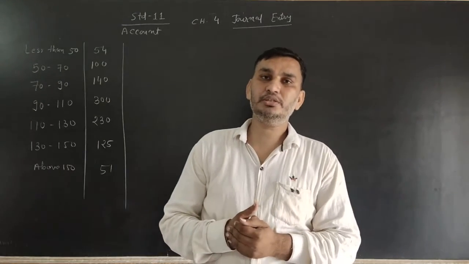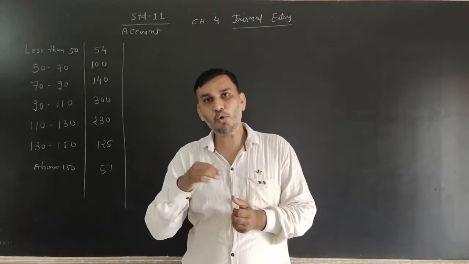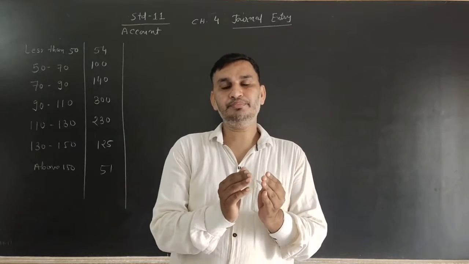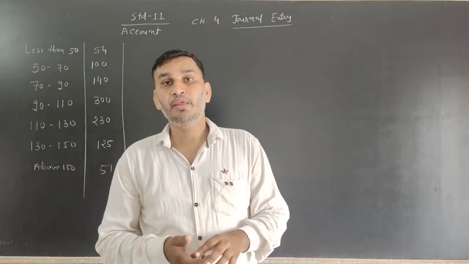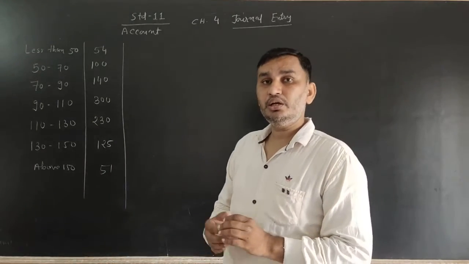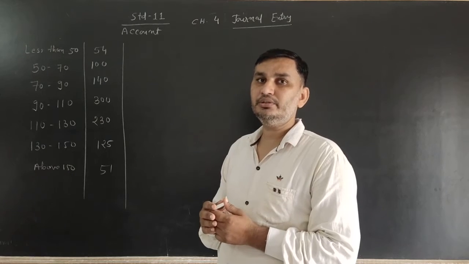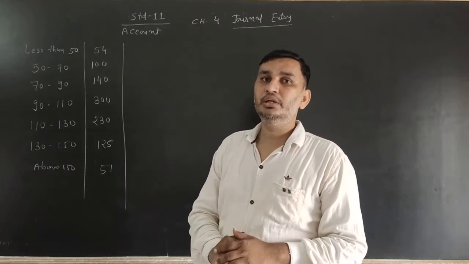Last time we discussed the quartile deviation and coefficient of quartile deviation of ungrouped data and a discrete frequency distribution. Today we will discuss the quartile deviation and coefficient of quartile deviation of a continuous frequency distribution.